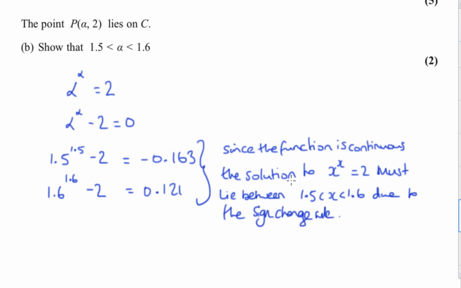Okay, you've got to say both of these things. You've got to say that the function is continuous, and you've got to quote the sign change rule and say that because we've had a change in sign, the root must lie between the two values that we've tested.